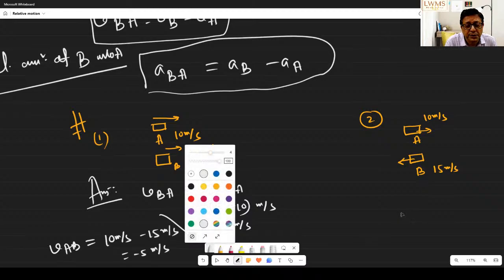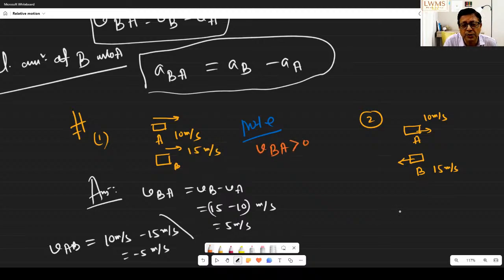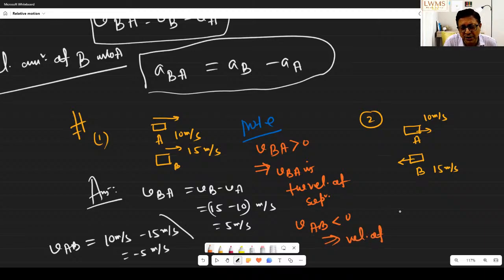Note: if VBA greater than 0, this implies VBA is the velocity of separation. If VAB less than 0, this implies it is velocity of approach.